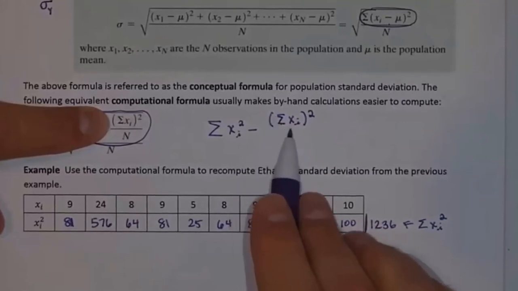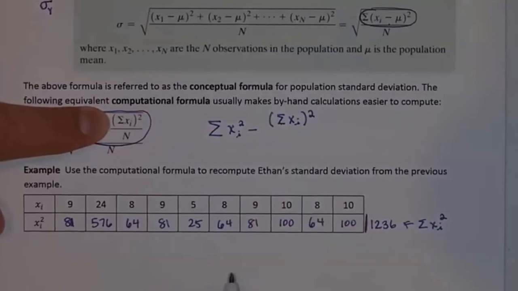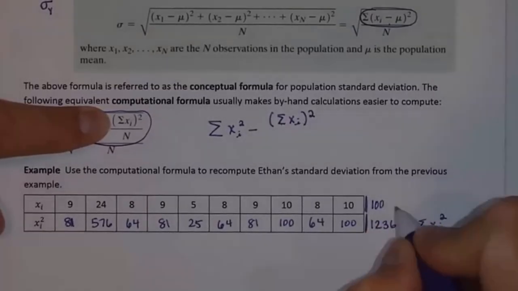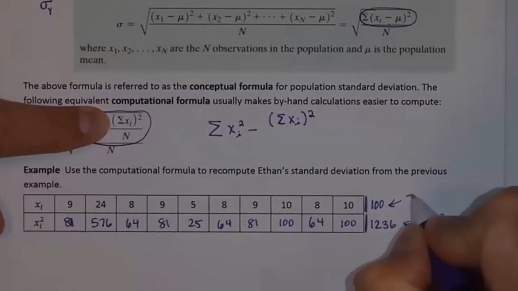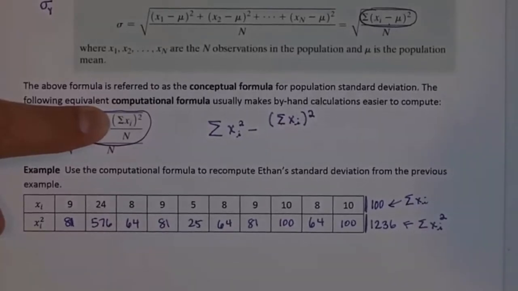And then whatever that answer is, I'm going to square the result. So if I add up all the data values, we've actually already done that. 9 plus 24 plus 8 plus 9 plus 5 plus 8 plus 9 plus 10 plus 8 plus 10. That added up to be 100. So that is the sum of the x sub i's right there.